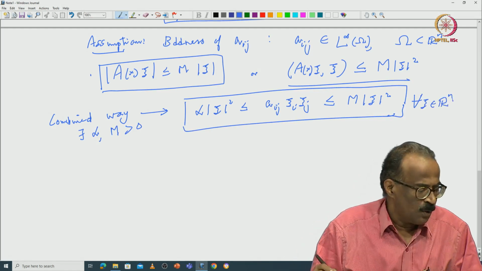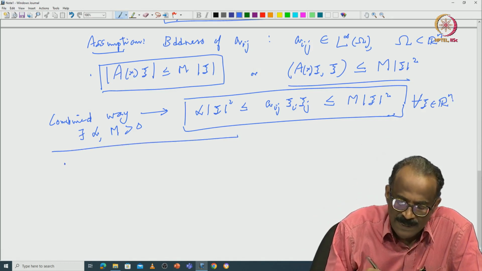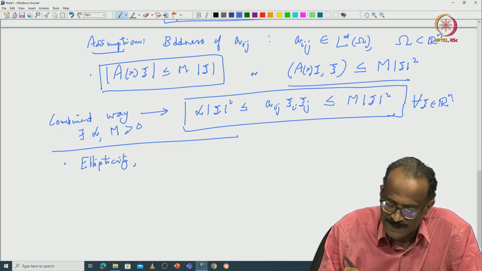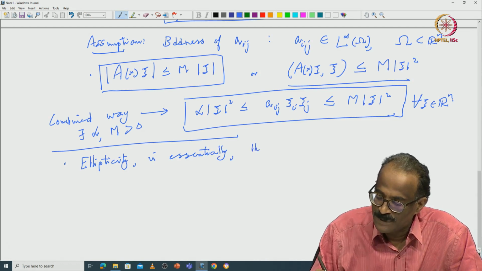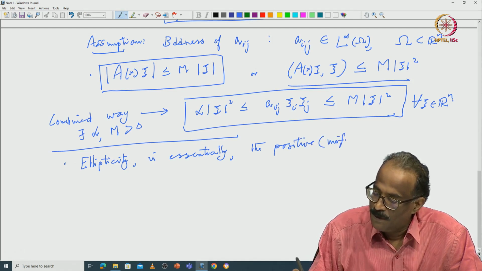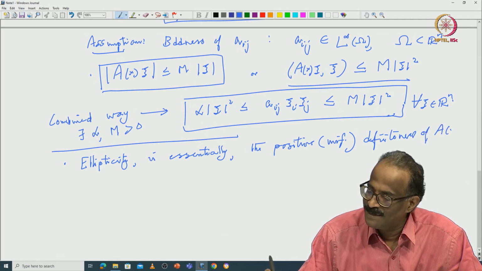If you look at it, this is basically the ellipticity, which is essentially uniform positive definiteness of the matrix A(x).